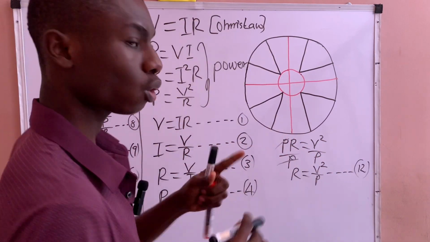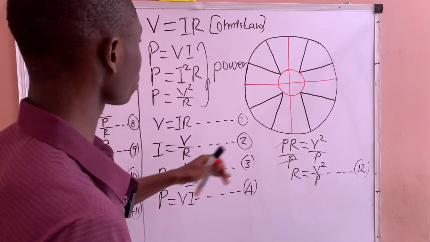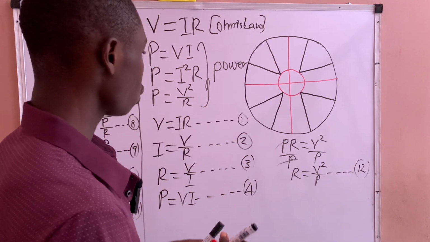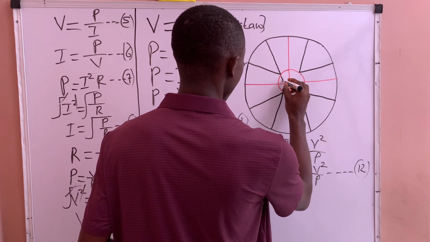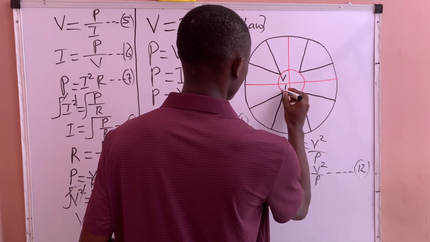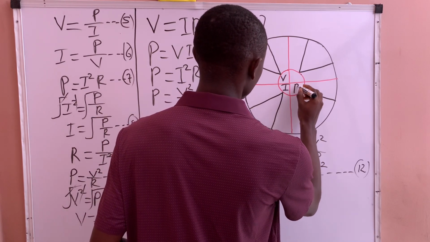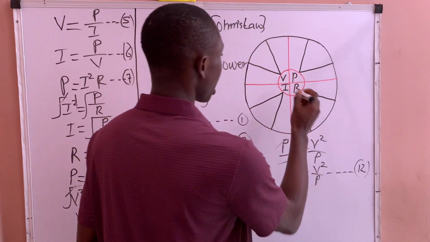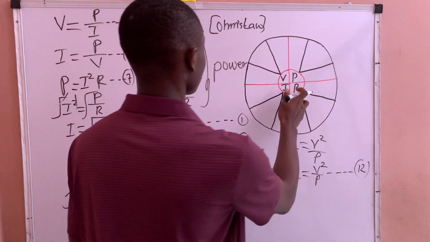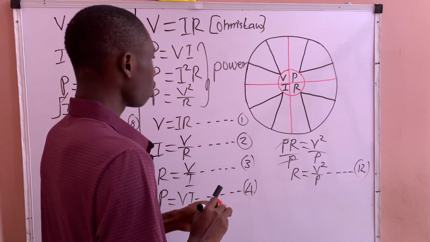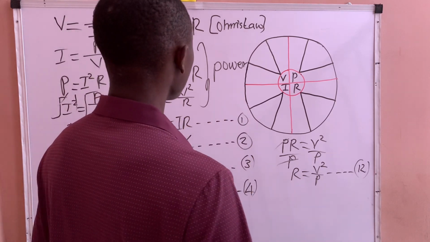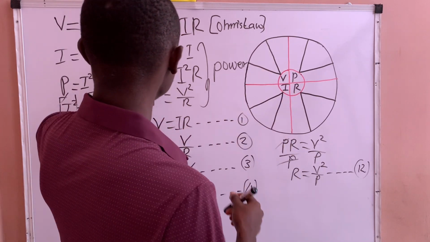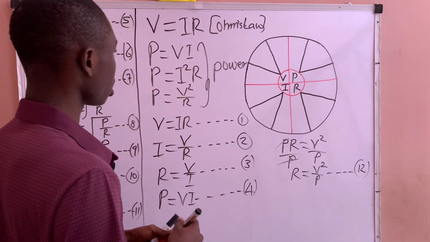So now let us input these 12 equations into this formula wheel. From this formula wheel, we can call here V, here I, here R, and here P, which are voltage, current, resistance, and power. We know that from the first law of Ohm's law, V is equal to I R, which is equation 1.